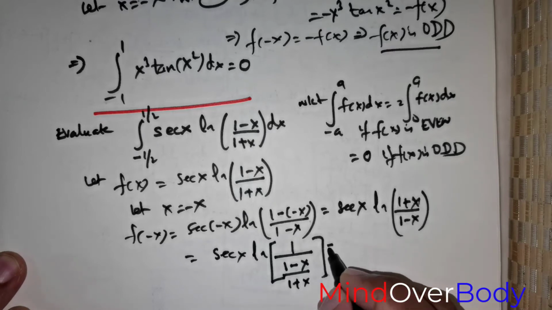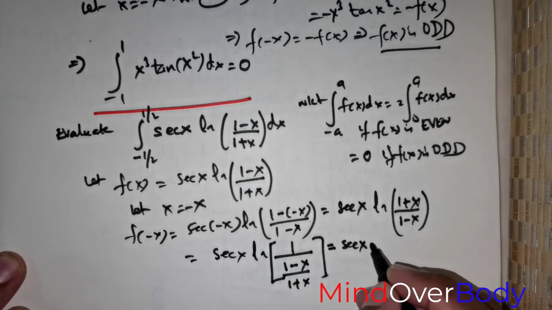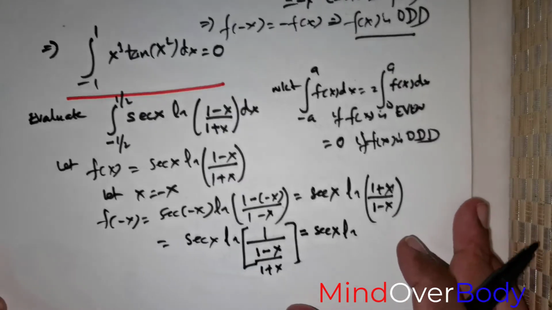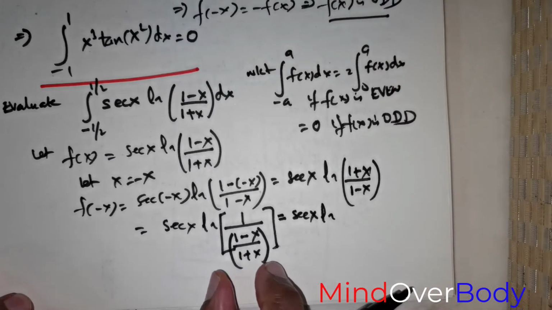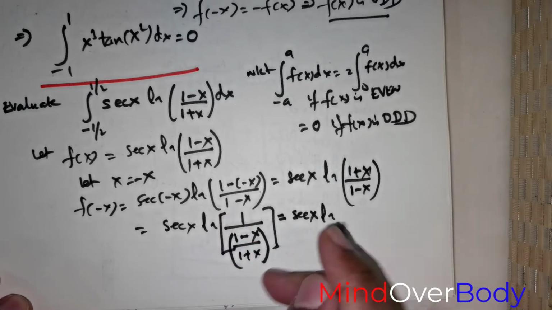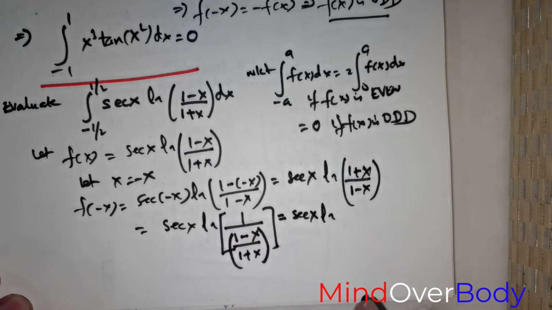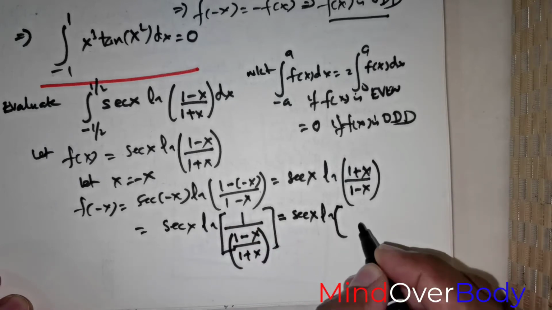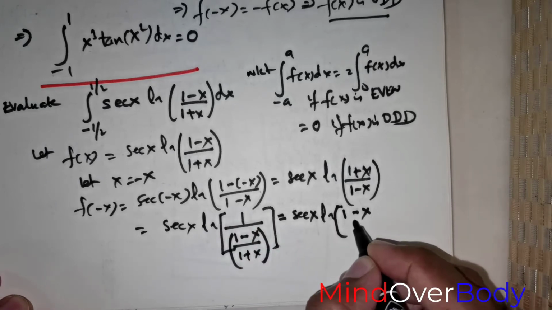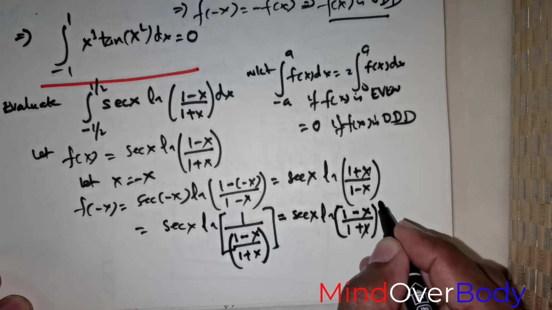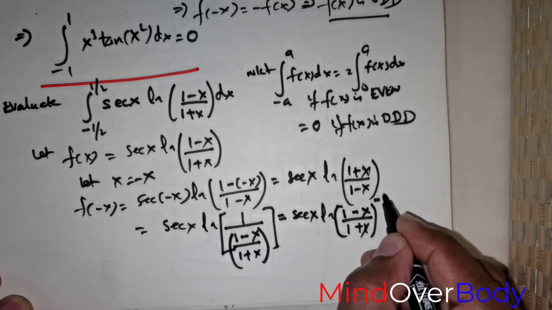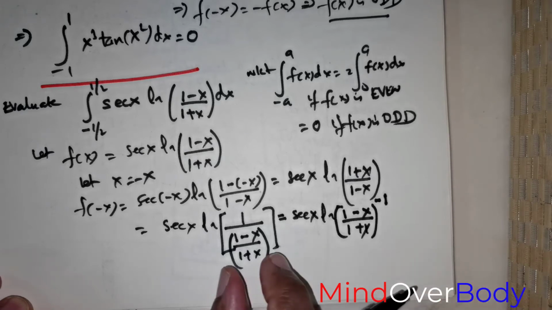Now I'm going to rewrite this as secant x ln of this quantity. Can I take this to the numerator? If I were to take this quantity to the numerator, this is going to be (1 - x)/(1 + x) raised to the power of negative 1, right?